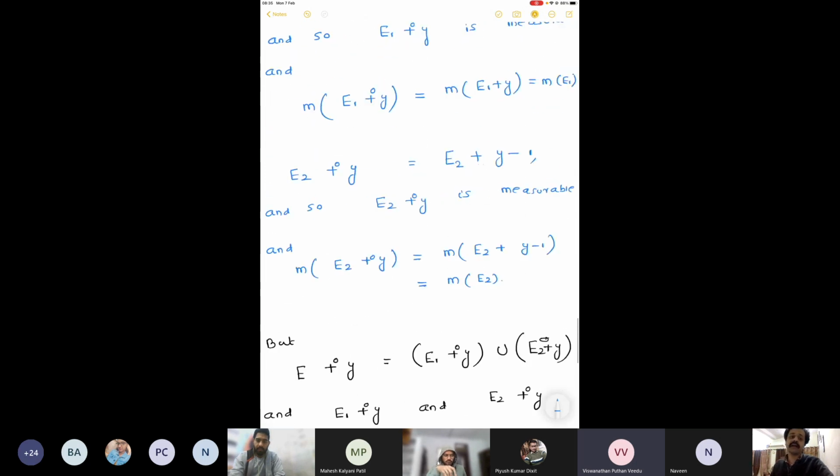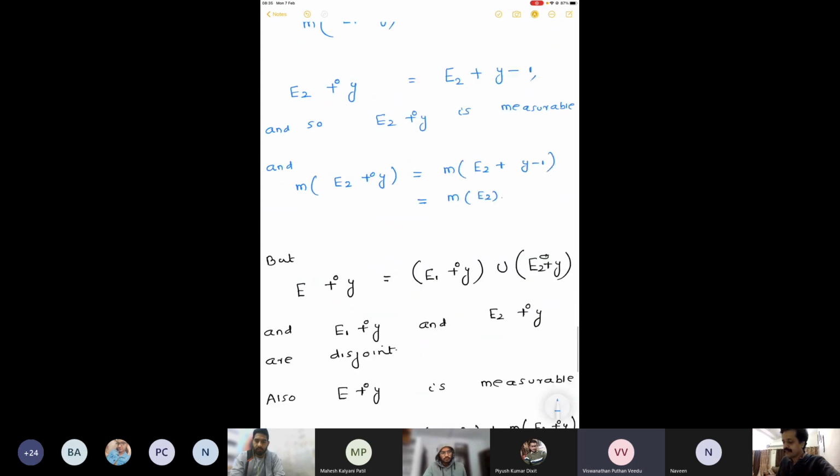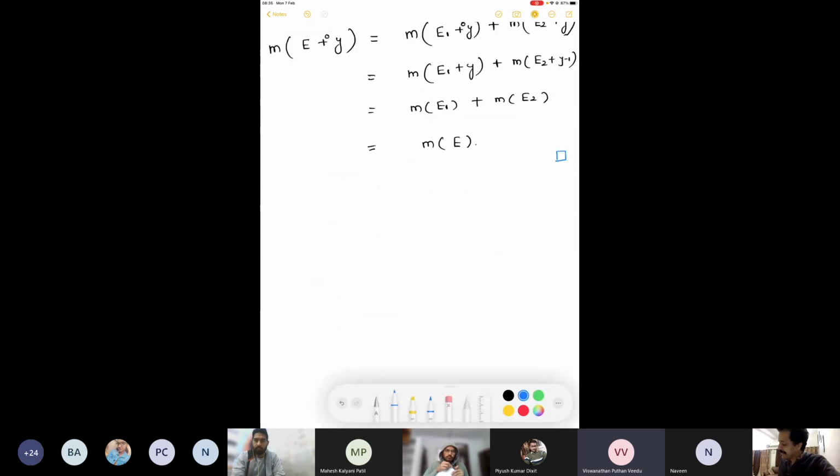We are not yet ready to give an example of a non-measurable set. We are just gathering the background work. As I told you, the main idea will be the axiom of choice, and for the axiom of choice, you need a collection of sets. So I am going to start from an equivalence relation.